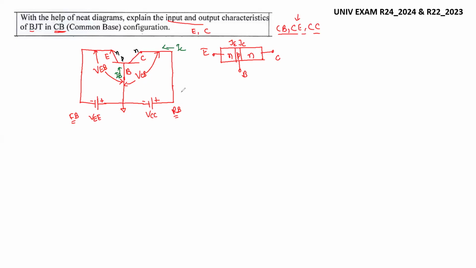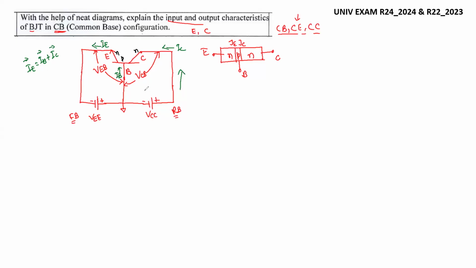Here also we have the collector current, so both are upwards, and the emitter current will be downwards. You know that the magnitude of the emitter current is the sum of the base current and the collector current. Base and collector currents have the same direction, and the emitter current has the opposite direction.